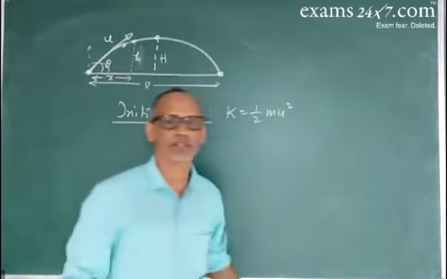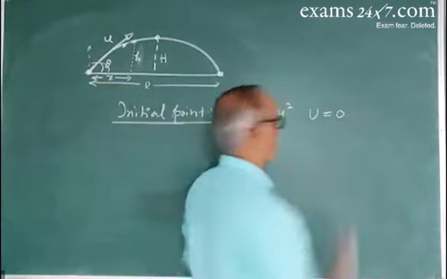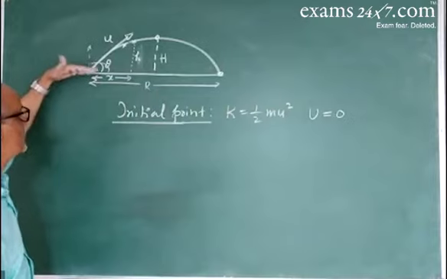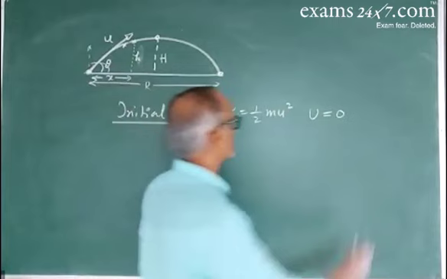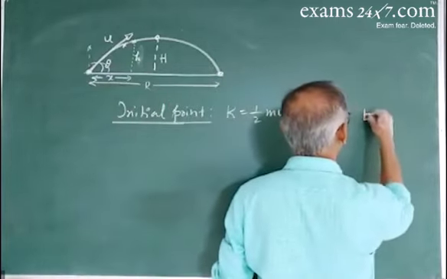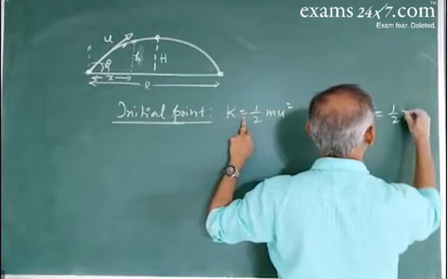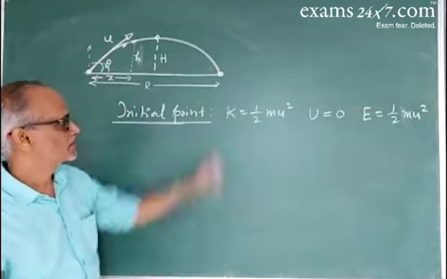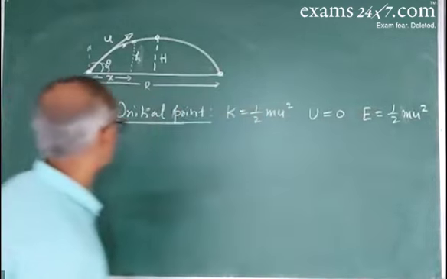Now this is the initial kinetic energy, and its potential energy is always 0 because it's on the ground, and potential energy is of the form mgh, where h is 0, therefore U is 0. So the total energy, which I'm going to write as E, is nothing but half m u square, on adding K plus U. So this is the kinetic energy, this is the potential energy, this is the total energy.